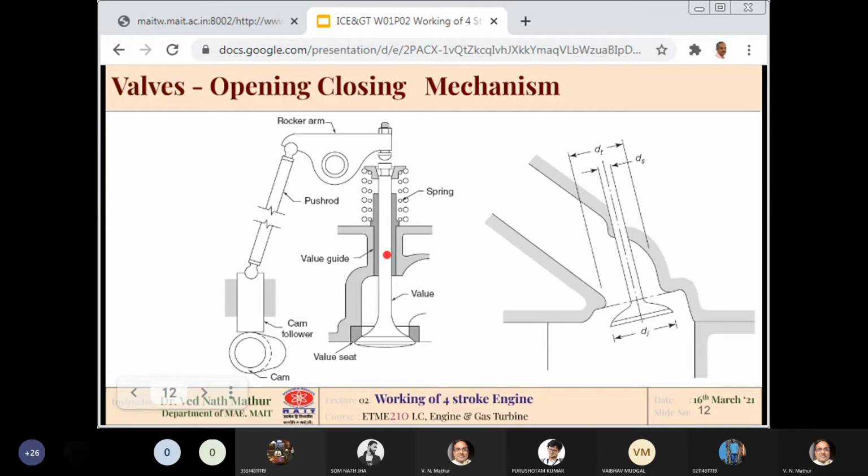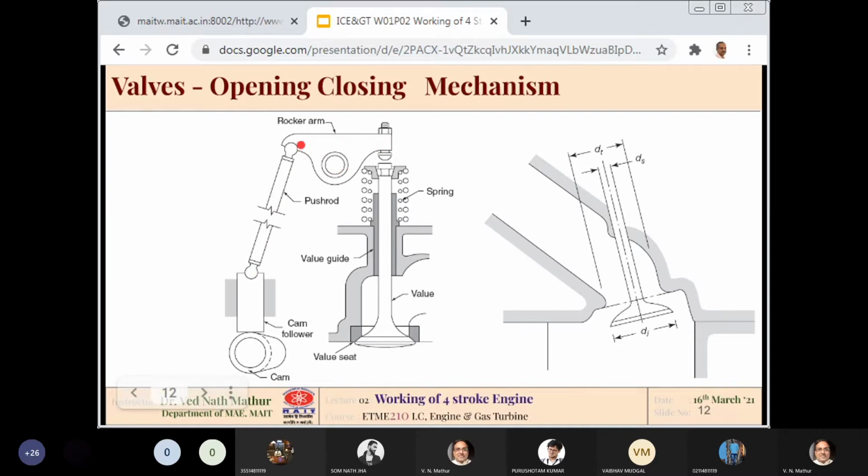The animation which I showed doesn't have this kind of arrangement, the rocker arm. It was a simple animation, but in an actual engine there is a cam and a cam follower which follows the motion of the cam. So it's not circular. You can see a lobe here. When this device rotates, and this projection comes in contact, the follower rises up. It pushes this rod, called the push rod, which in turn moves this rocker arm.